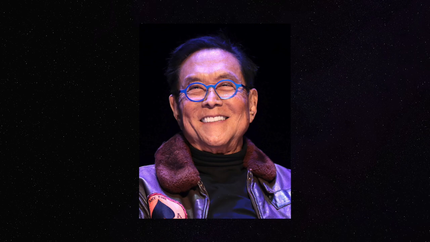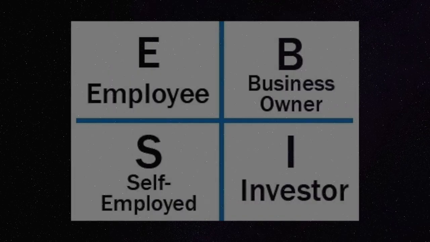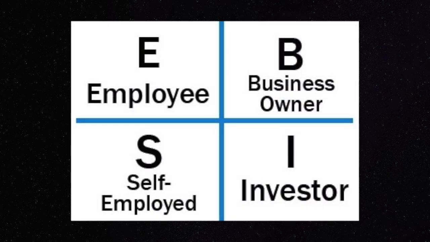Now, let's talk about some practical tips for transitioning from the left side to the right side of the quadrant. First, educate yourself. Financial education is key. Read books, attend seminars, and seek mentors who can guide you. Knowledge is power when it comes to making informed investment decisions and building successful businesses.